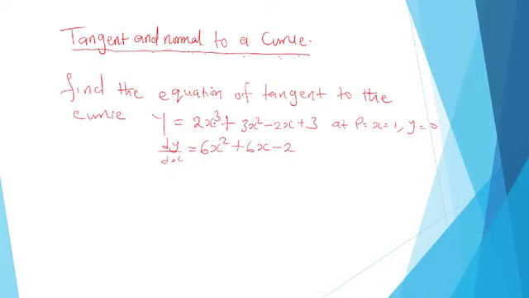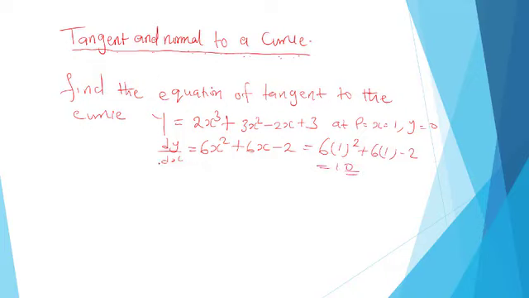If you differentiate this, you have 6x squared plus 6x minus 2. Now fixing the value of x, which is 1, you now have 6 plus 6 is 12 minus 2. So the value of our gradient is 10.